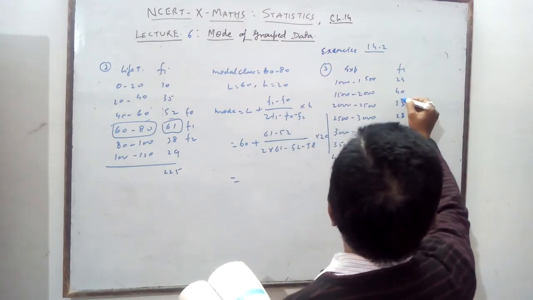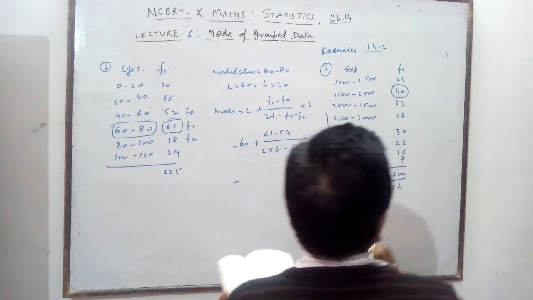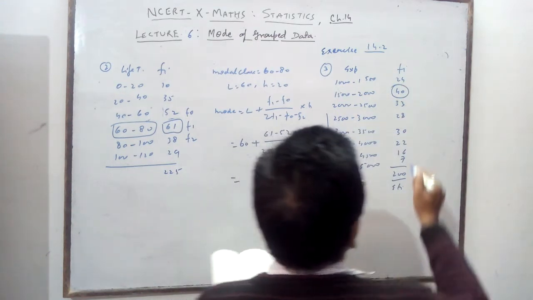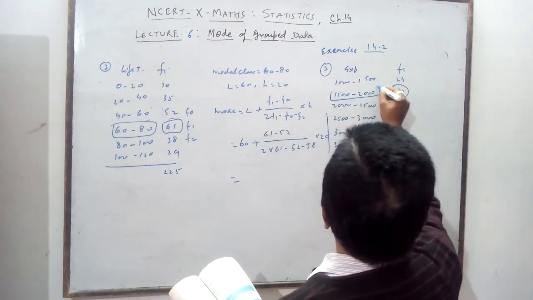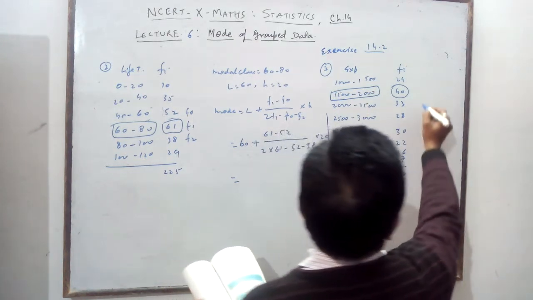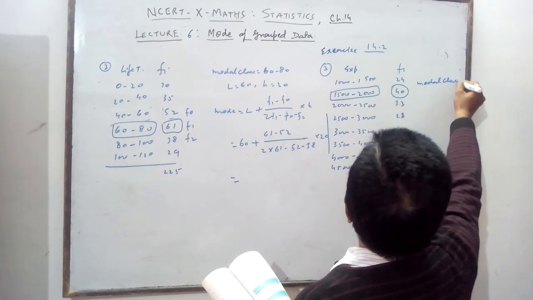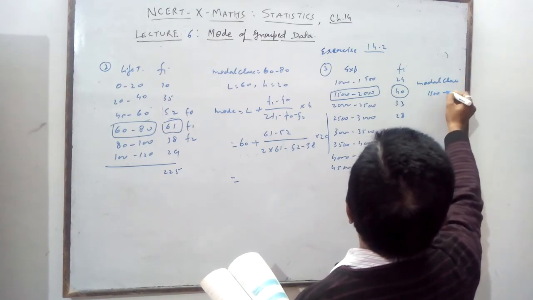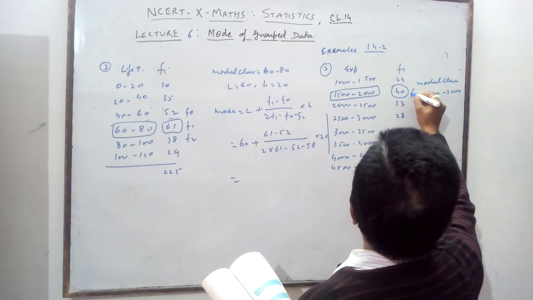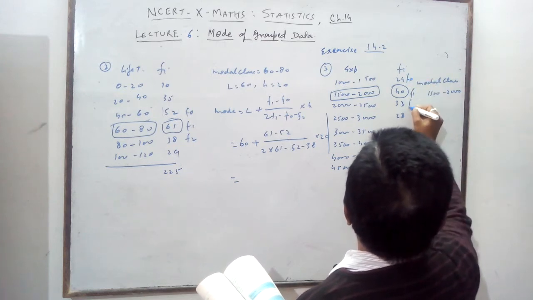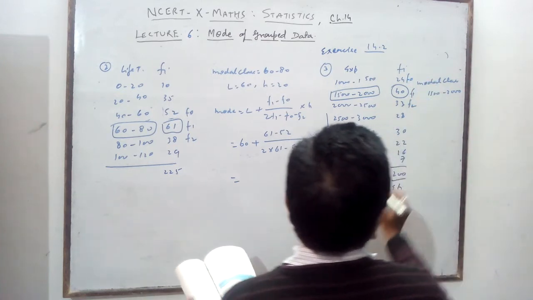Which is the maximum frequency? 40 is the maximum frequency. Then what is the modal class? The modal class will be 1500 to 2000. It is F1, F0 and F2.